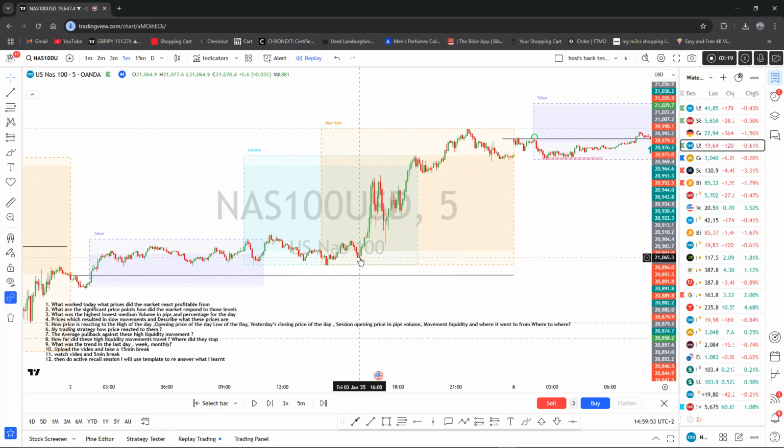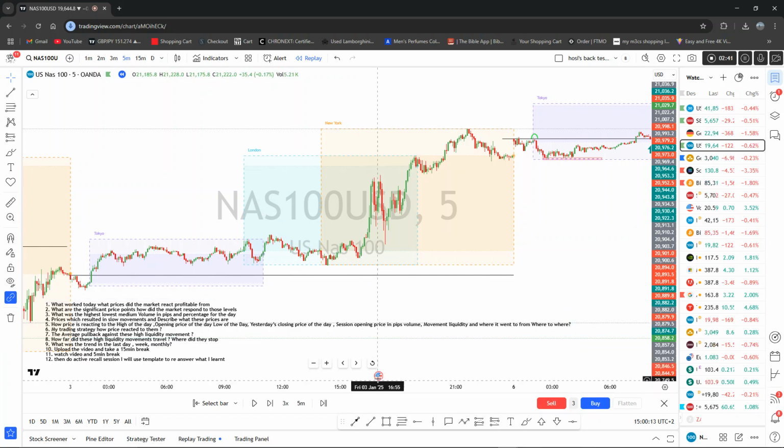From this area as well, and what time was this? Okay, New York opened at 3, so let's skip this price. This price resulted in a bullish movement, and that was at 4.